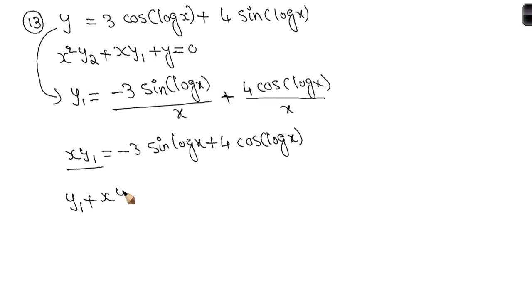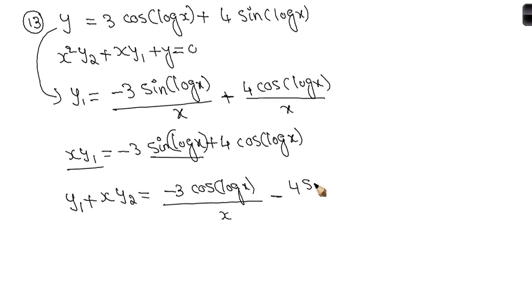Differentiate both sides again, so this becomes the UV rule, that is the derivative of x is 1 plus x into the derivative of y1, the second derivative, which would be y2, is the same as minus 3 sine, derivative is cos log x upon x, minus, because cos derivative is minus sine, so minus sine log x upon x.